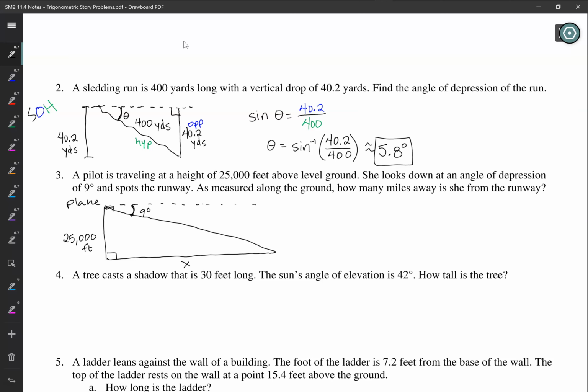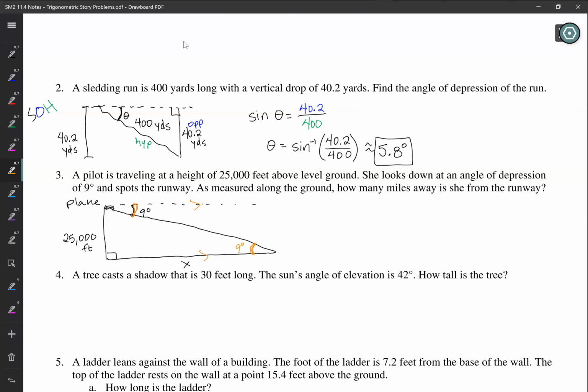So there are a couple of ways you can approach this problem, because the 9 degrees is not inside that triangle. So a few things you can do. The first one is, remember that I told you that angles of elevation and angles of depression are always congruent. Since this line and this line are parallel, that angle, the 9 degrees, is congruent to this angle. So you've got a 9-degree angle inside there.